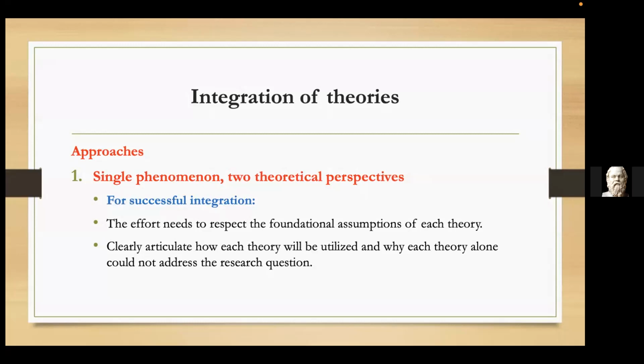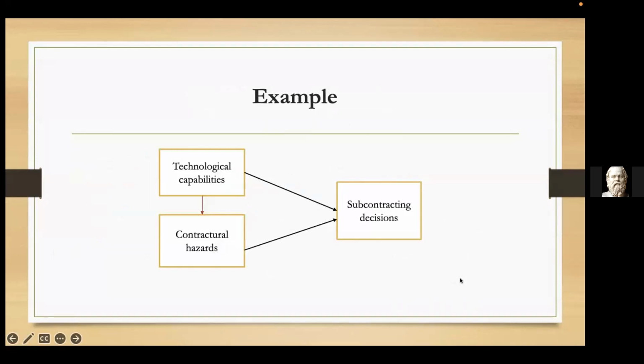So financial performance in that case is a common phenomenon, the single phenomenon, the common DV, okay? Two theoretical perspectives we saw, intellectual capital theory and competitive advantage theory. Okay, I'll come back to those bullets you're seeing there.